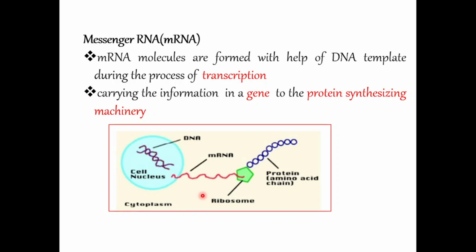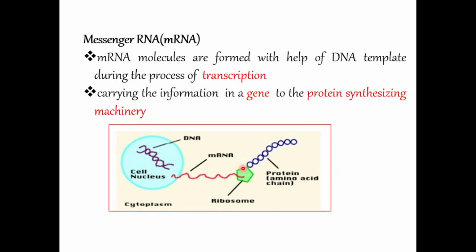The other importance of that cap is for recognition. As I said, on the surface of the ribosome, there are different ribosomal RNAs, transfer RNAs, and initiator proteins. Those initiator proteins recognize the codons carried by messenger RNA, especially during protein synthesis.